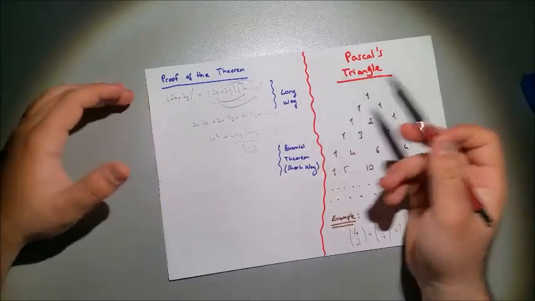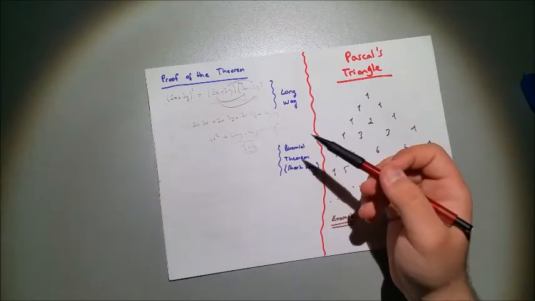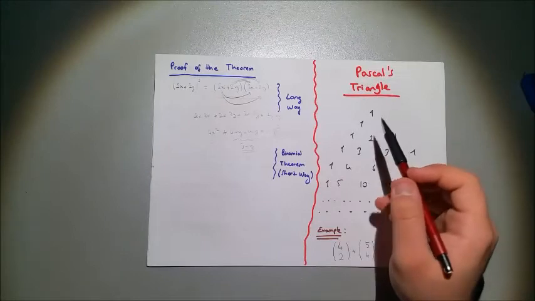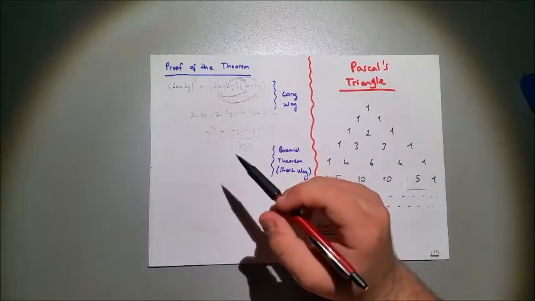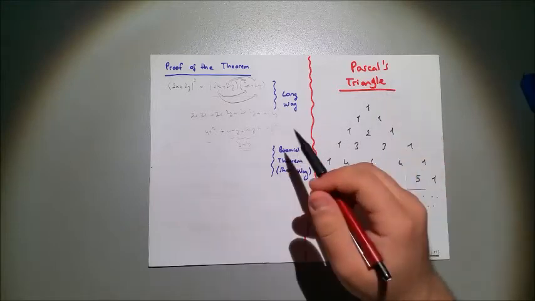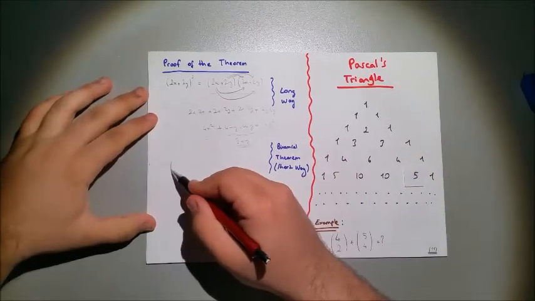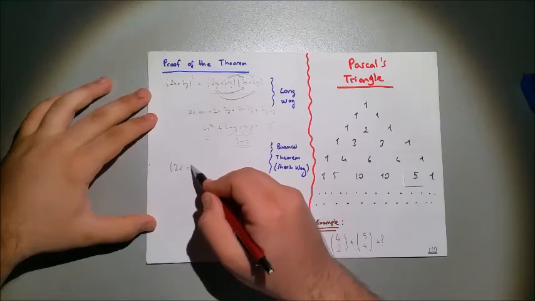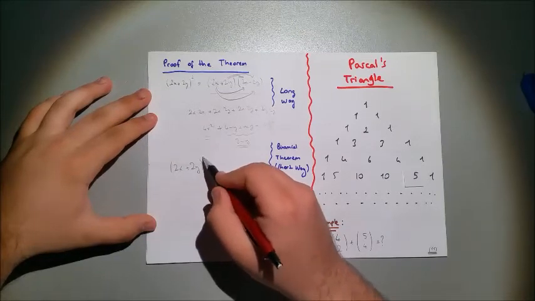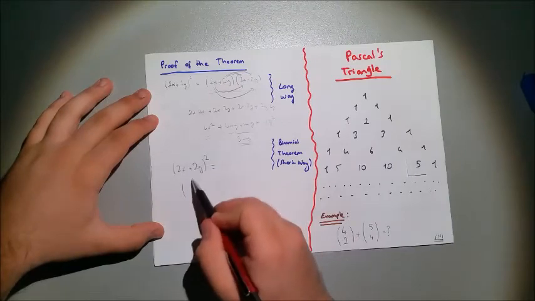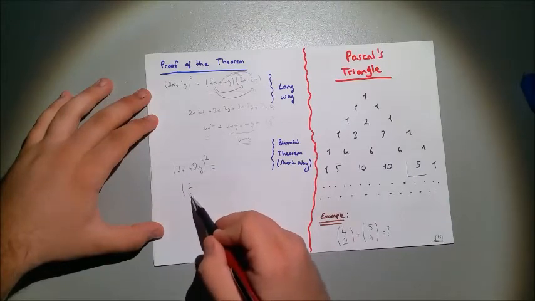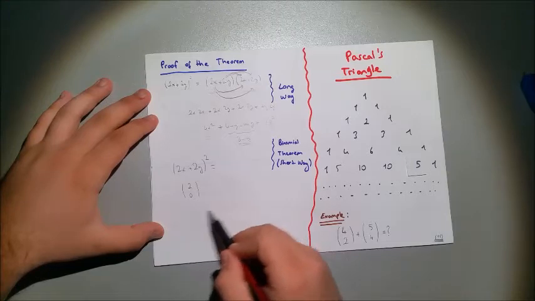And this is a long way and it takes a lot of time, so I will do the shorter way, which is binomial theorem. I will put the degree and 0 for my first term.